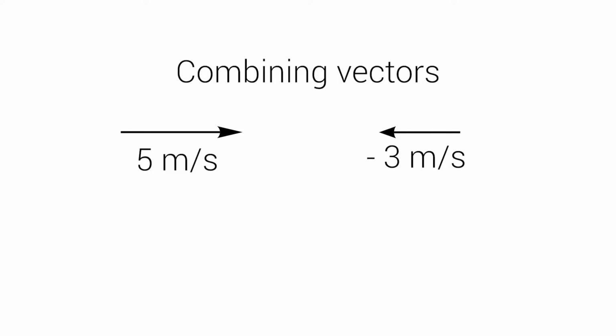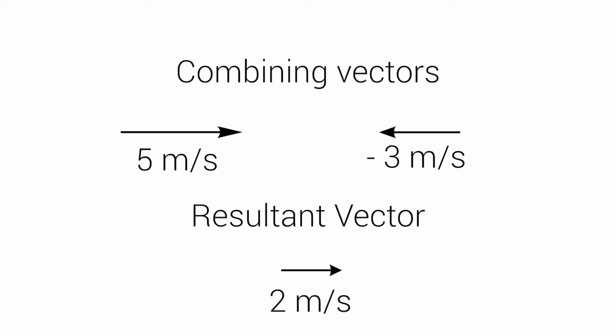We're looking at bigger vectors if the arrow is bigger. So if I had 5 meters per second towards the right, and this time I had -3 meters per second towards the left, then I would end up with a smaller vector which was 2 meters per second, and you can see that the size is smaller because the magnitude is smaller.